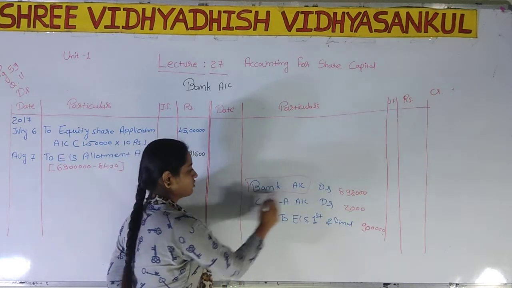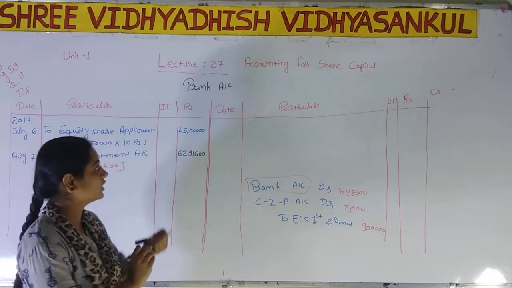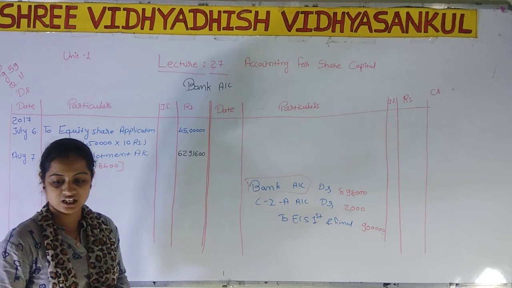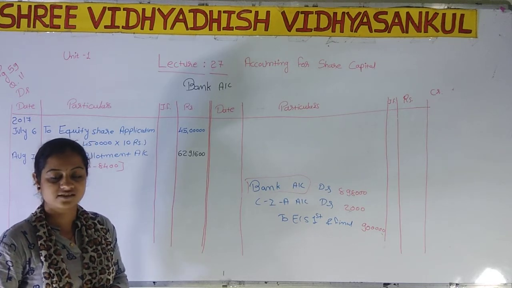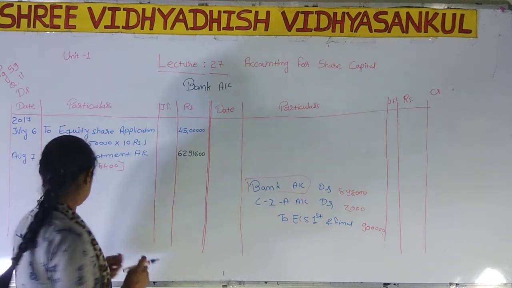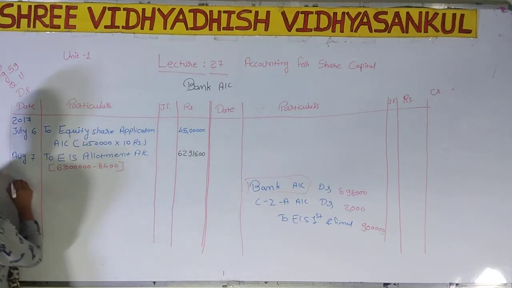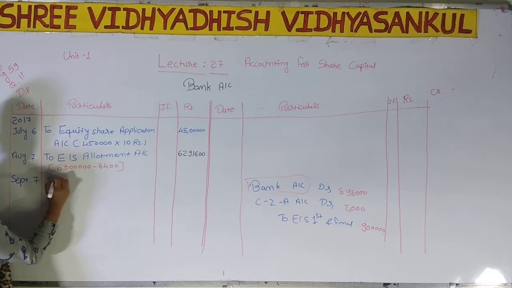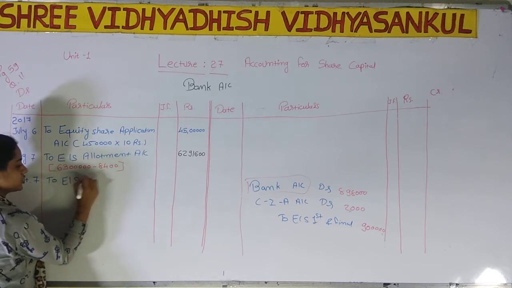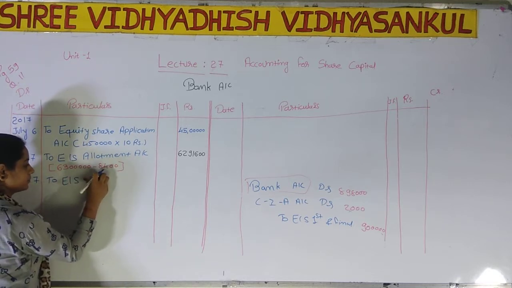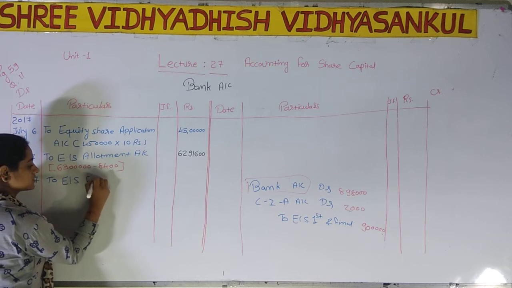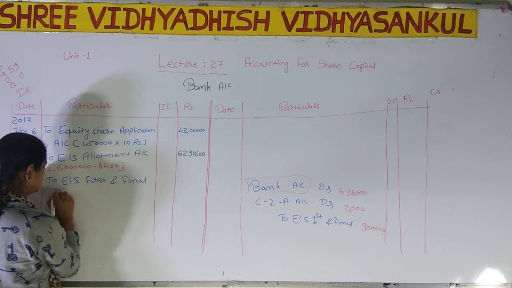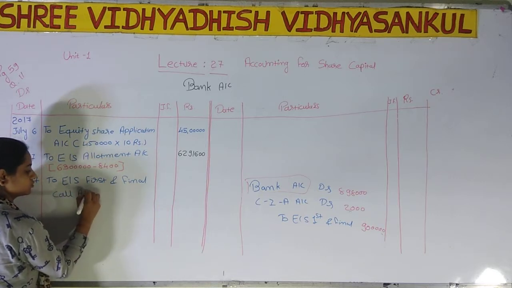So we have to give the effect of only bank account. So in bank account on debit side, we have to write the date. Check the date in last entry of calendar year's date is September 7. September 7. To equity share first and final call account.